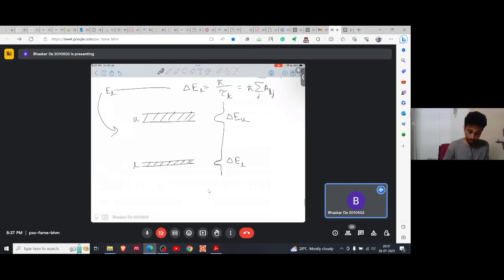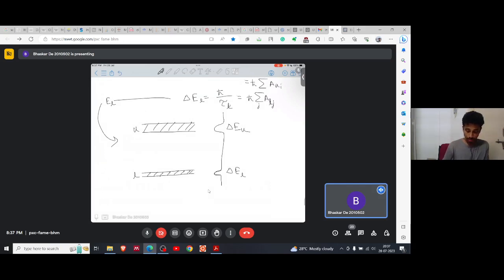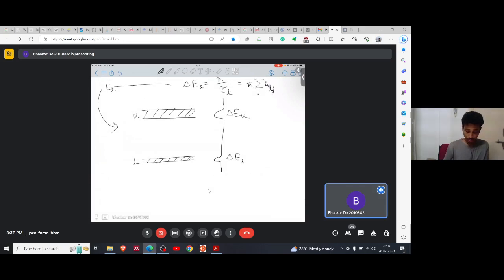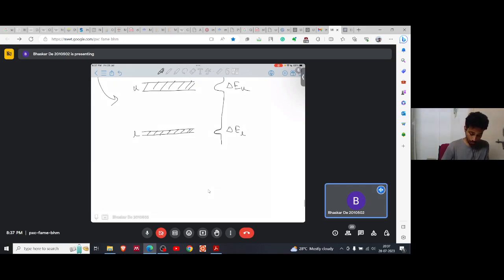There is a broadening in the energy levels itself due to the uncertainty principle. Then the total broadening will be delta ET equal to delta EU plus delta EL.